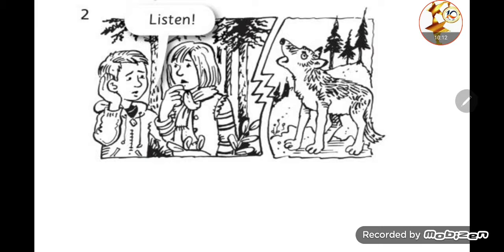Now here what I'm going to ask, what were the children doing? They were walking or running, okay? And what happened? What do we have in the second picture? Oh, it's a wolf. This is a wolf.